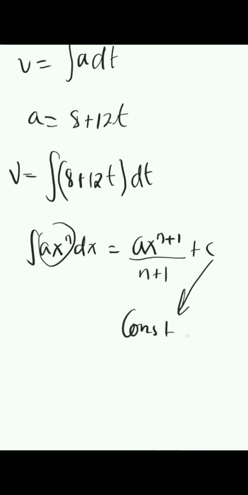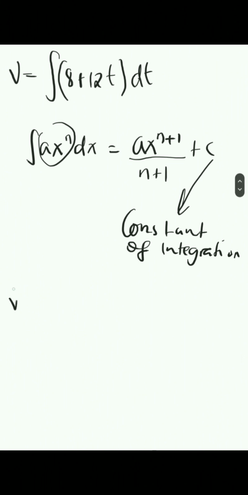So c is known as the constant of integration. This is the same formula that we're going to use in integrating the acceleration, which helps us to obtain the velocity.